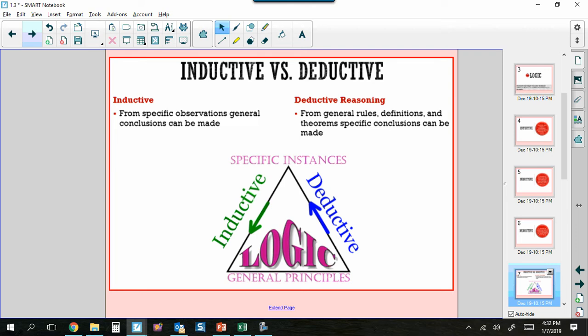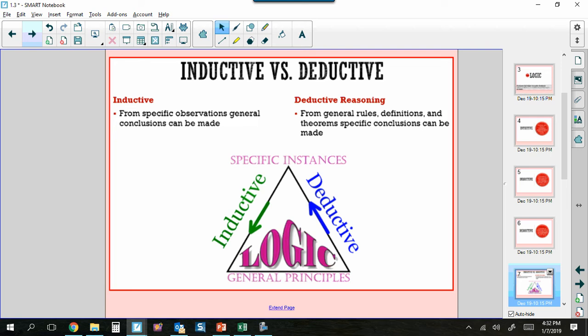Mathematically speaking, for deductive reasoning, what we learned about in 1.2, if you see a straight angle, you know all straight angles equal 180 degrees. So if I give you straight angle GOT, you would be able to make the specific statement that angle GOT must equal 180. Straight angles equal 180, and GOT is a straight angle, so GOT must be 180 degrees.